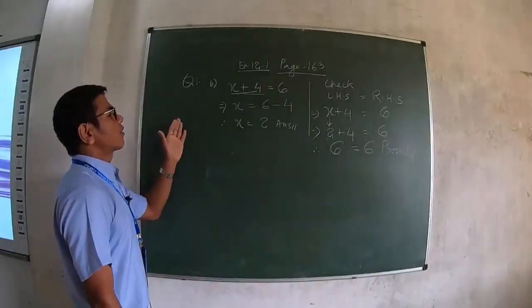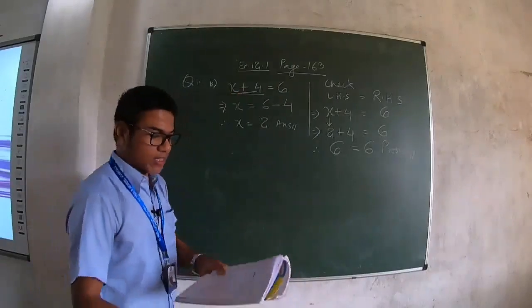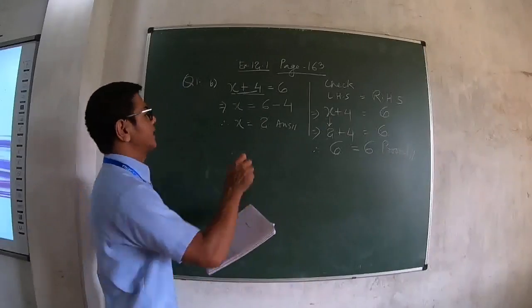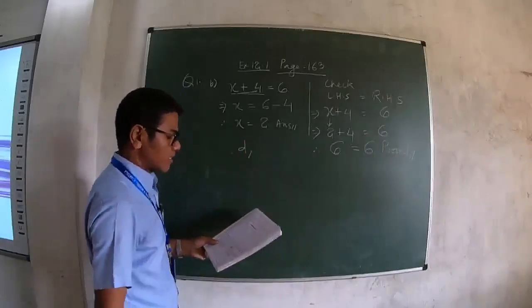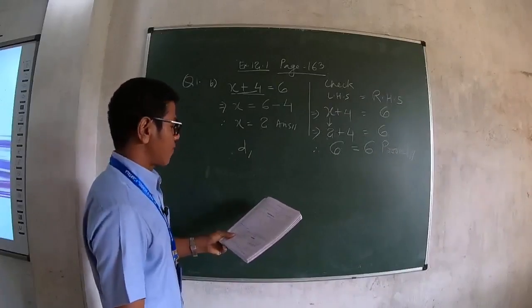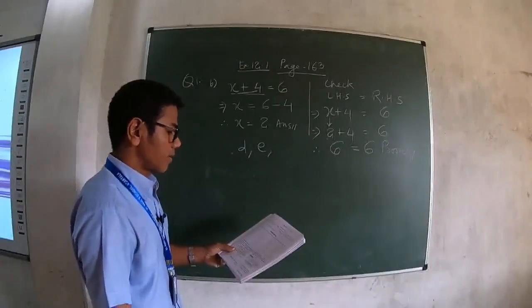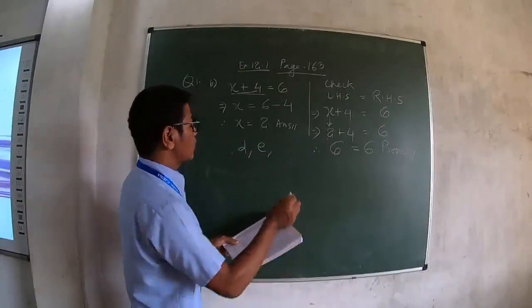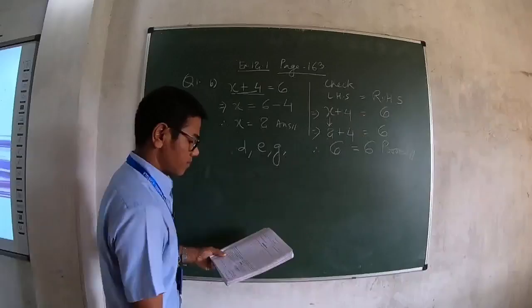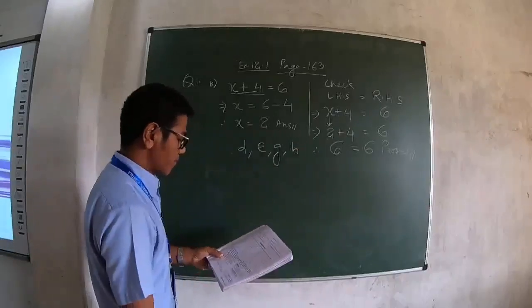So children, like x plus 4, in your exercise there is question D. Then we have question E. Then we have question G. We have H. You try them.